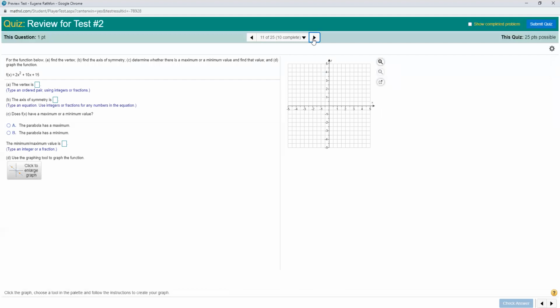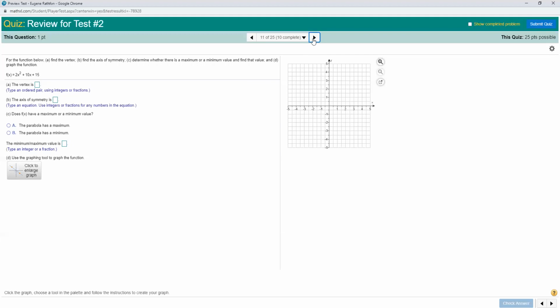All right, this one, number 11, I took off the test, but I'll actually work this. But this one I did take off. So let me see what they're giving us. f of x equals 2x squared plus 10x plus 15.